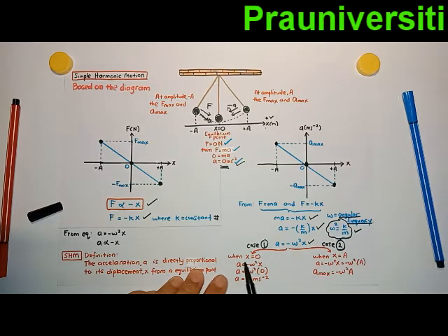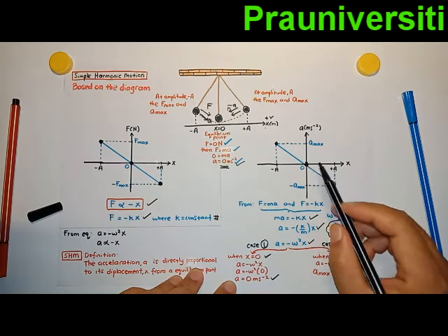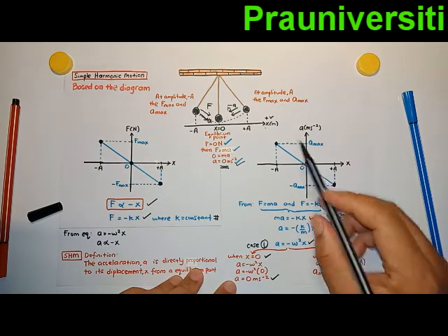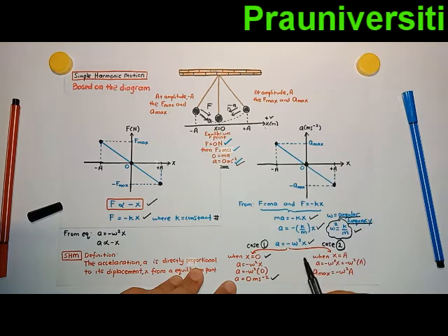Case number 1, when the object is at the equilibrium point, we apply the equation a is equal to negative omega squared x. Because x is 0, we prove here a is 0 when the object is at the equilibrium point here and here. So case number 2, when the object is at the positive amplitude, we apply this equation.